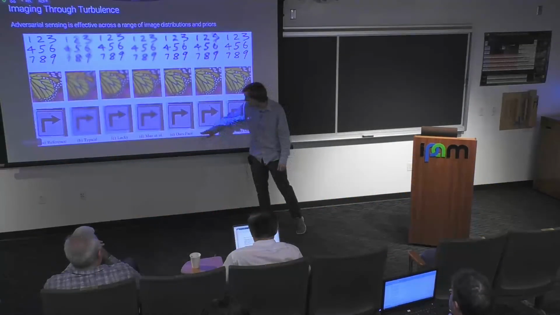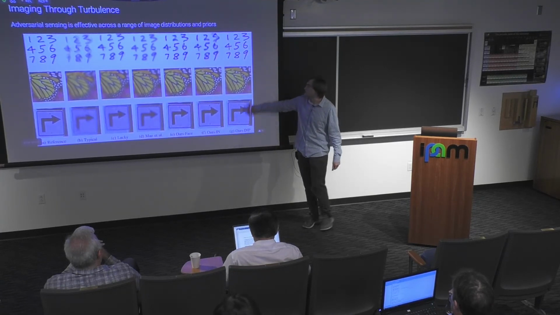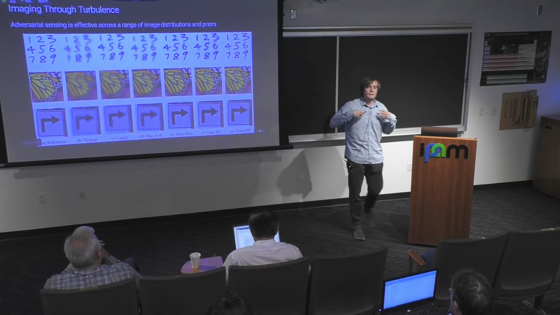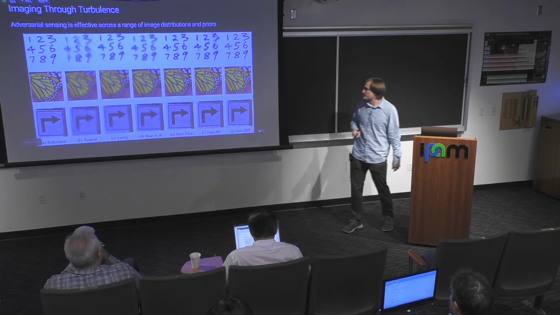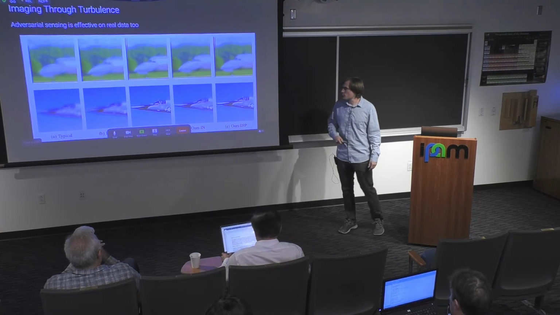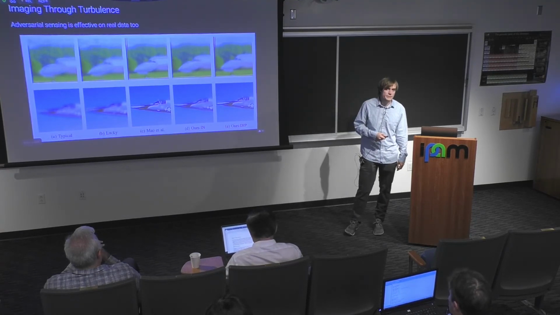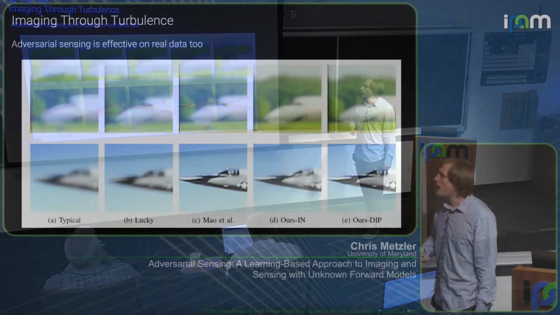So you can use StyleGAN with a face prior, ImageNet with a natural image prior, or even just a deep image prior using an untrained neural network as an implicit prior for the reconstruction. It works reasonably well on real data as well, although not nearly as well as in simulation.